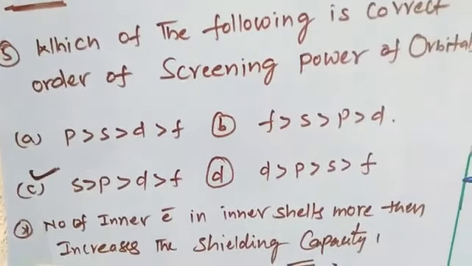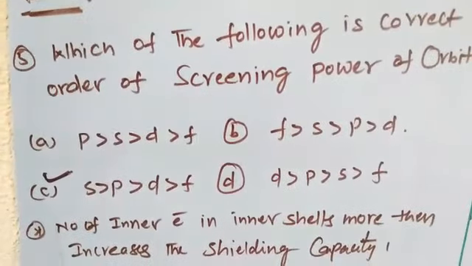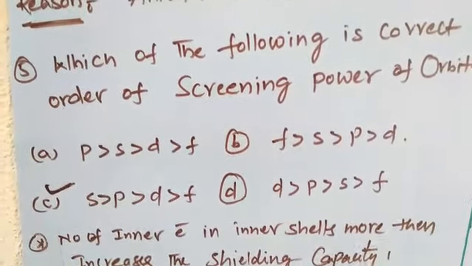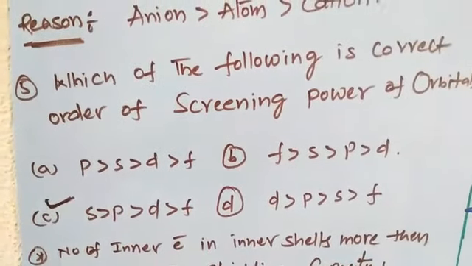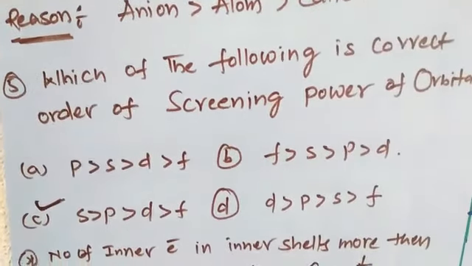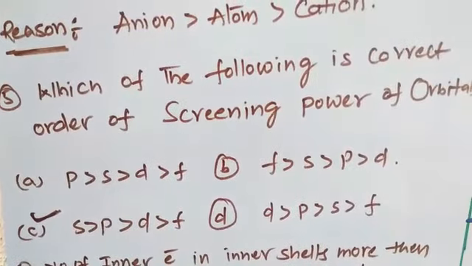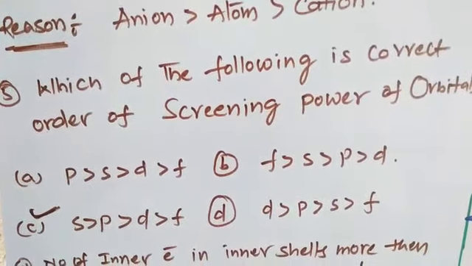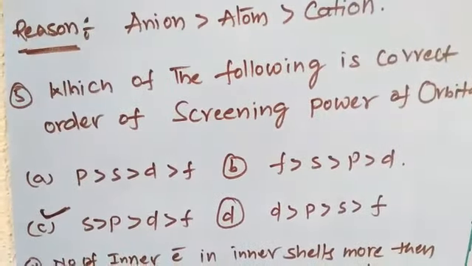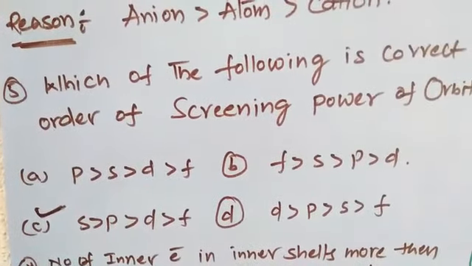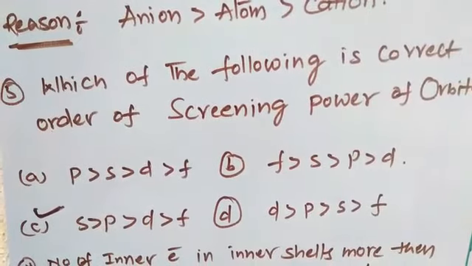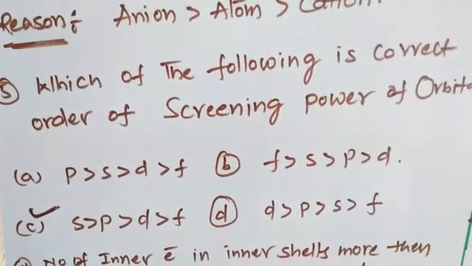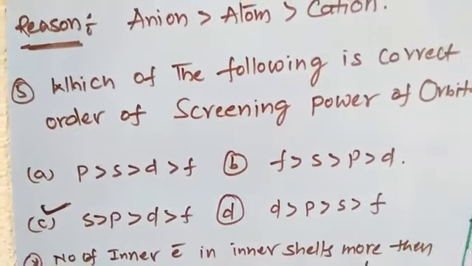Based on that, the S orbital has more penetrating power compared with the P orbital, P orbital is more than D orbital, and D orbital is more than F orbital. So that's why the screening power order is S greater than P, P greater than D, D greater than F, which is the right answer.